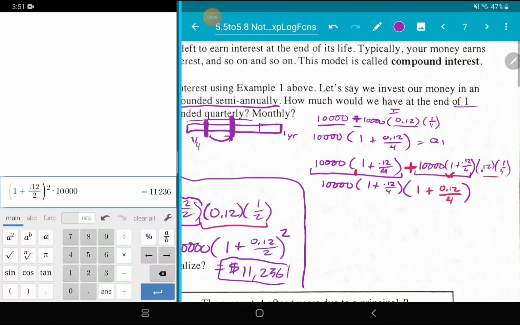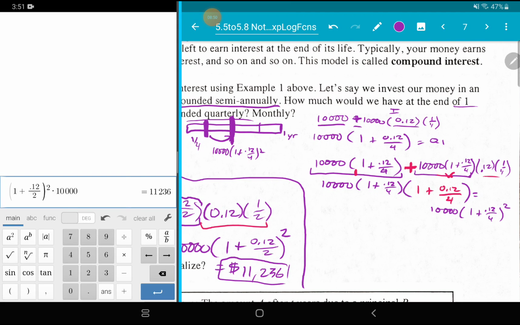Like that. Oh look, this is the exact same thing as saying 10,000 times 1 plus 0.12 over 4 to the second power. Okay, so now that's how much we'll have after half a year. Right there.